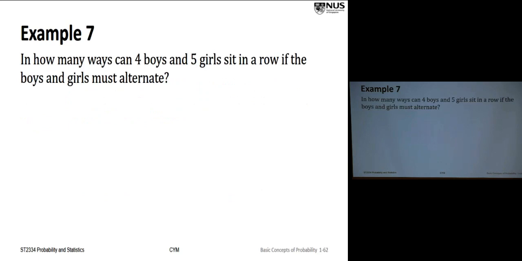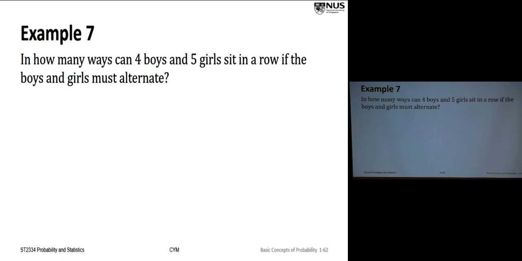This is interesting. Example 7. All right? Now, I have 4 boys and 5 girls sit in a row. And if the boys and girls have to sit in alternate seats, all right?